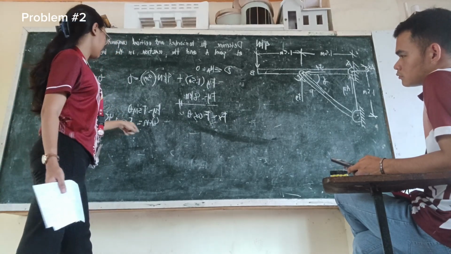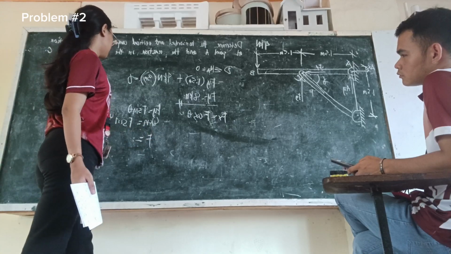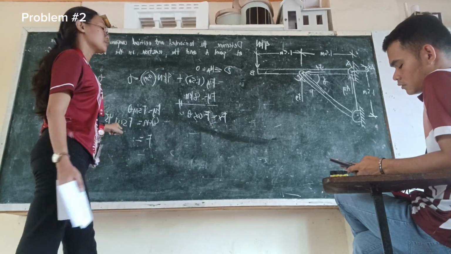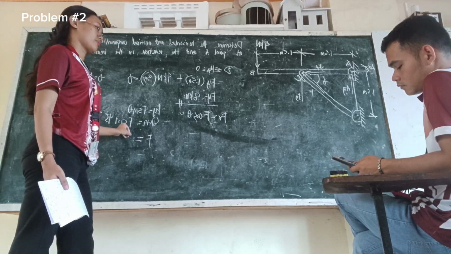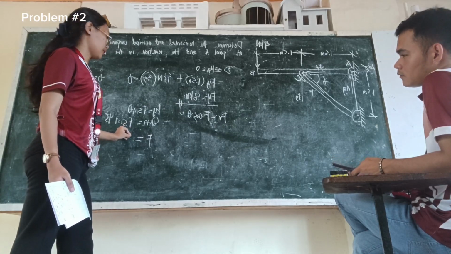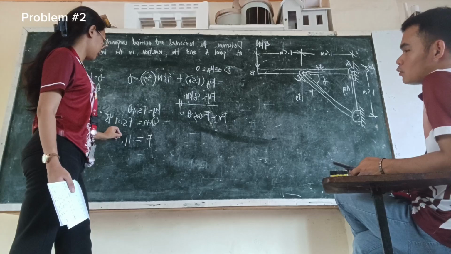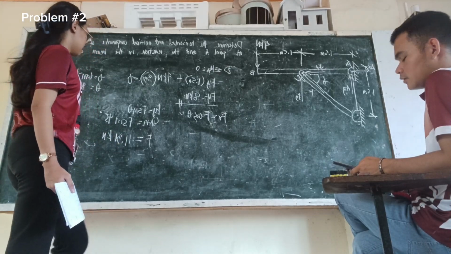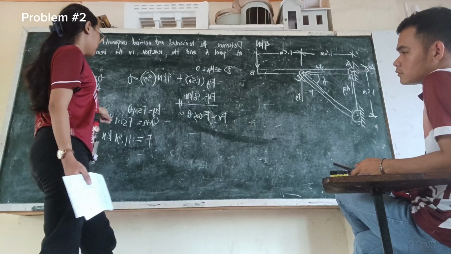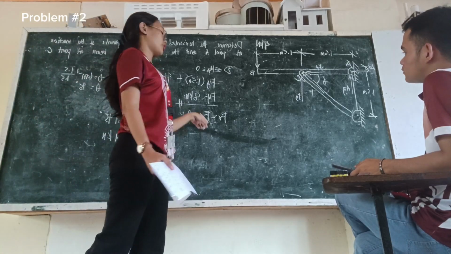So 8 kN is equal to F sine 45. Isolate F, and the answer is 11.31 kN. Since we have the value of F, we can now solve for Fx.